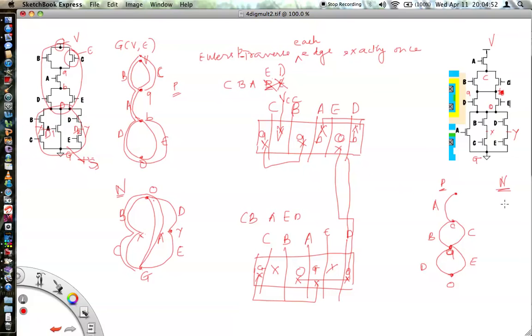Okay, let's draw a similar N graph. So if we start with A, we have transistor B, transistor C, transistor D, transistor E. Sorry, these two nodes are not the same.